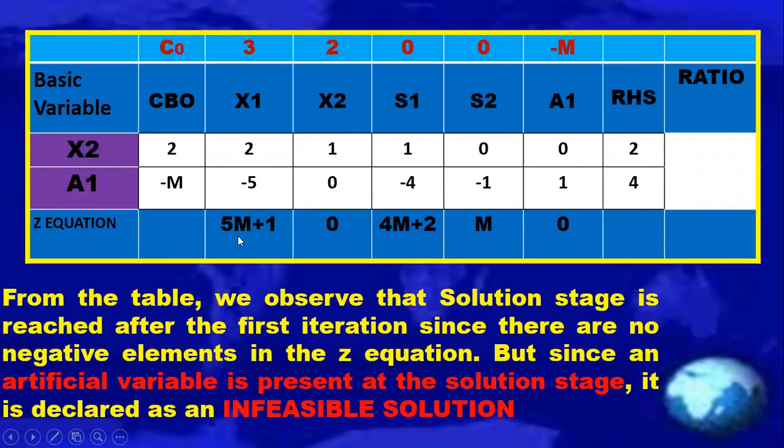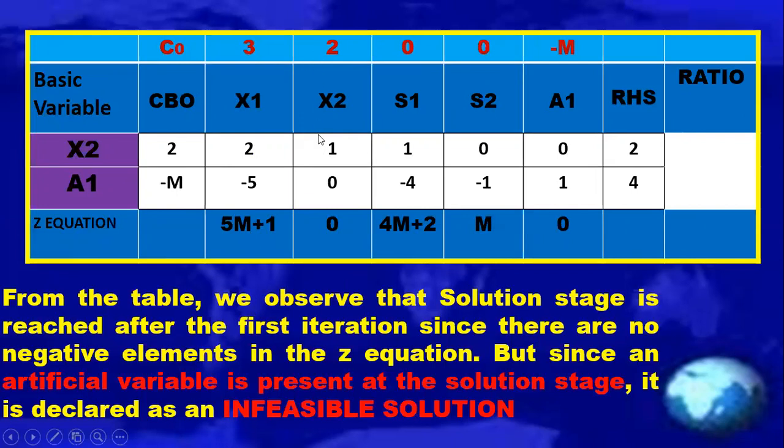Now you calculate the z equation. It is the summation of CB into Xi minus Cj. 2 into 2 is 4, plus minus m into minus 5 is 5m, minus 3. So 4 minus 3 is 1. So it is 5m plus 1. Next column, it is 2 into 1 minus 0 minus 2.